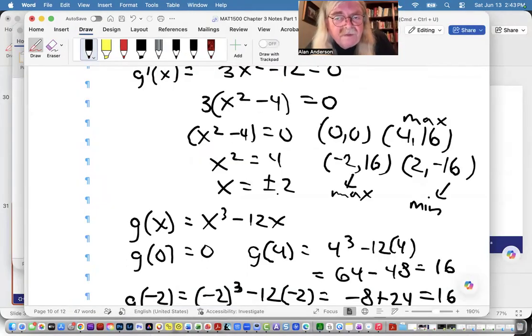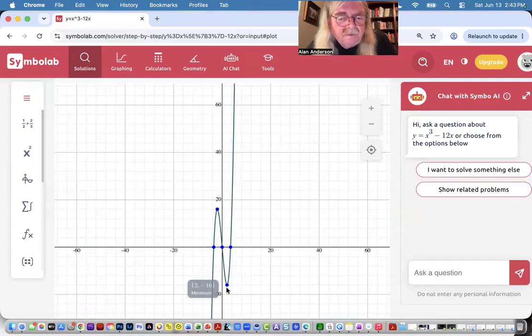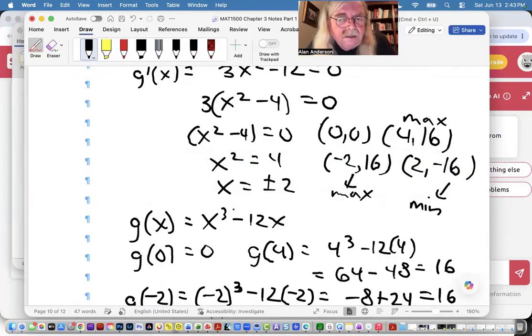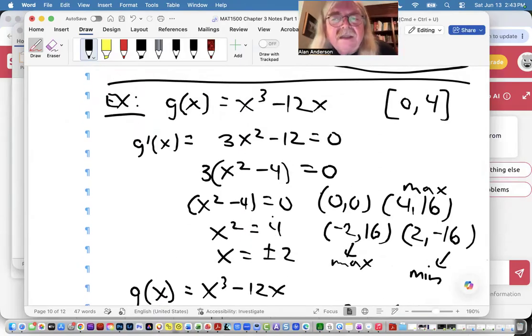So if you look at the graph, they're defining 2, negative 16 as the absolute minimum, which makes sense. And of course, this is a maximum, but because they've included 4 in the interval, they did say that that's a closed interval. That's very strange. Well, it's an endpoint maximum, but still, I guess they only wanted us to look at these two.